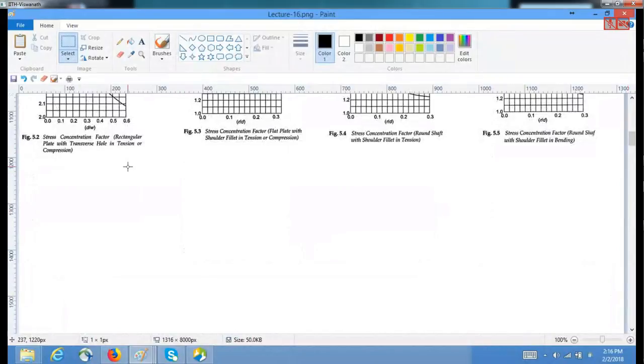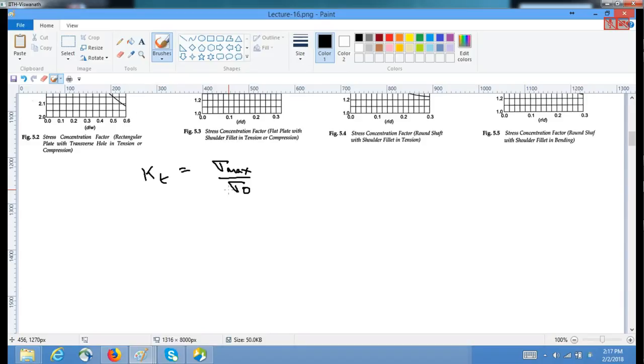And as we said yesterday, we defined Kt as sigma max by sigma naught, where sigma naught is the average stress obtained from the elementary equations like P by A, or My by I for bending, as well as torsion and other stuff.